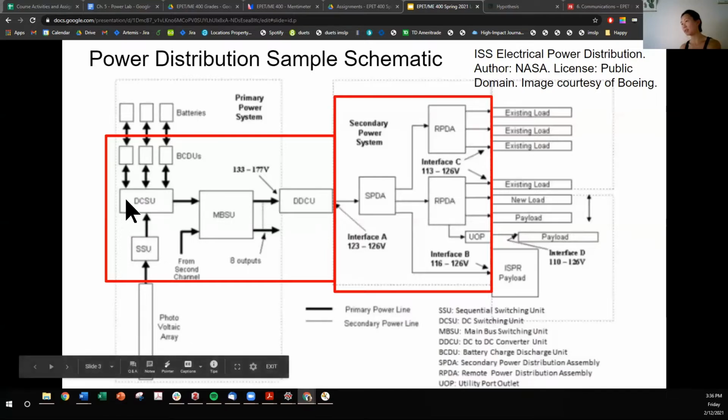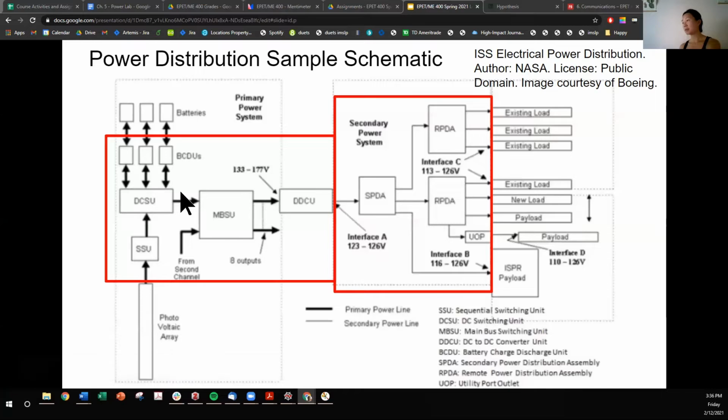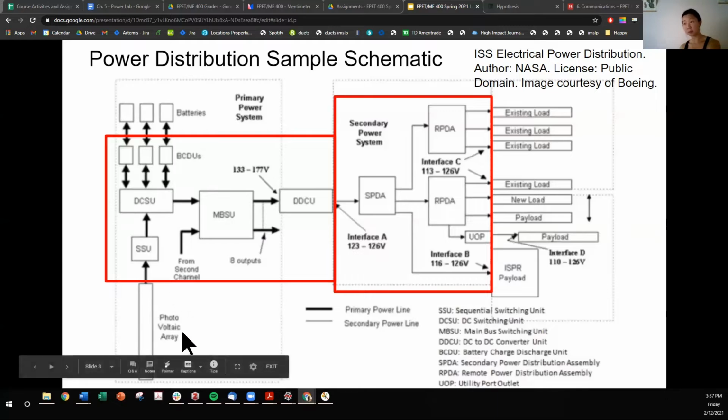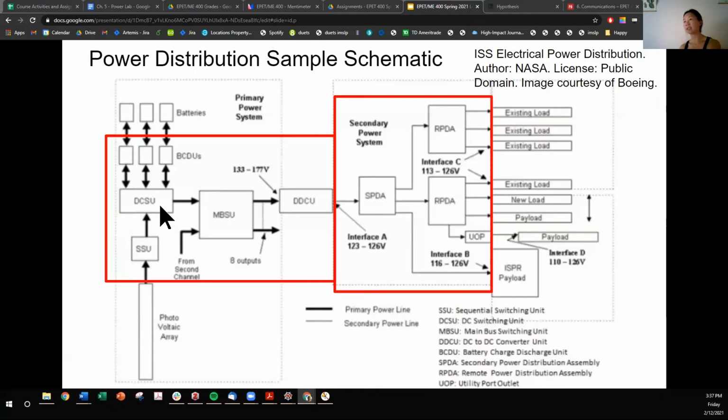So that feeds into the DCSU, which we already described, it's taking in DC power. So SSU might be regulating between some variable voltage that the solar cells are giving and feeding it into a more constant DC voltage level.